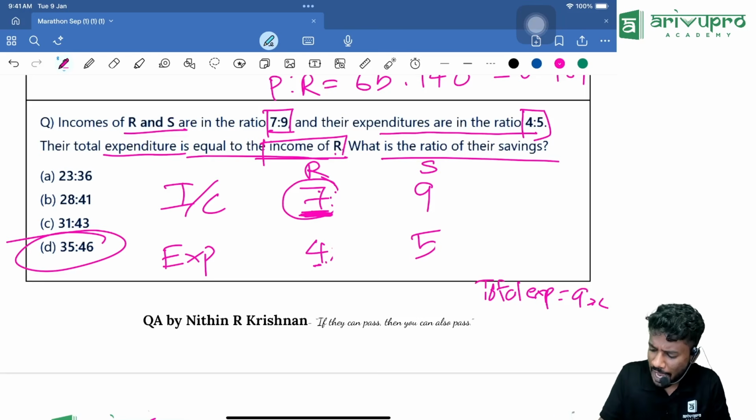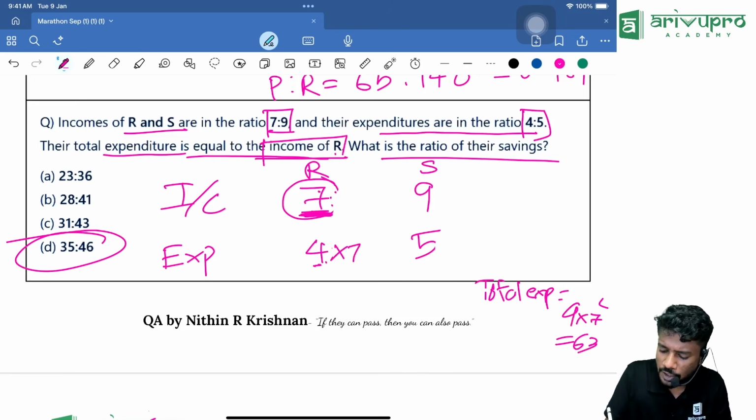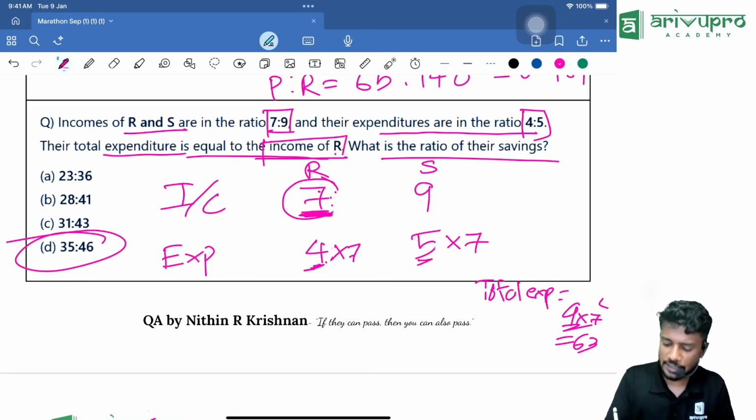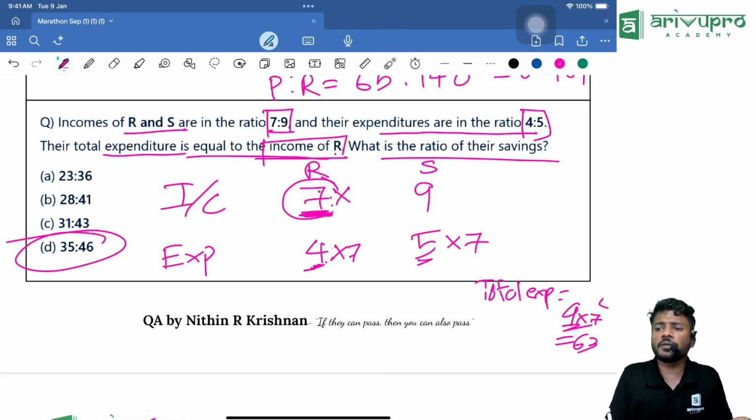Now, if you multiply 9 with 7, how much will it be? 63. So we need to multiply here also with 7. Why are we multiplying there also with 7? Because 9 is formed from 4 and 5 only, right? That's why we are multiplying there with 7. Then here we will multiply it with what?